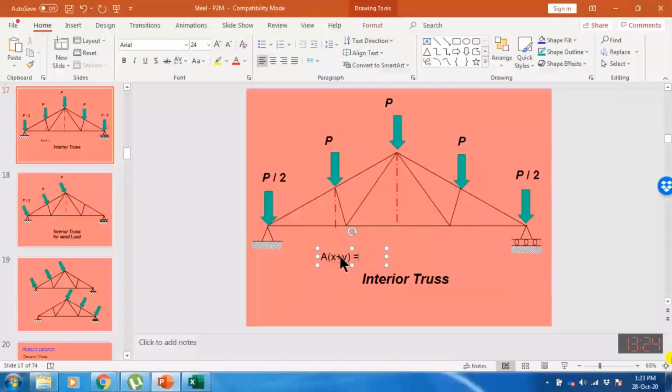It means that whether you multiply a constant with the summation of two forces, or you multiply the constant with each component of the load separately and then add up, the answer will remain the same.